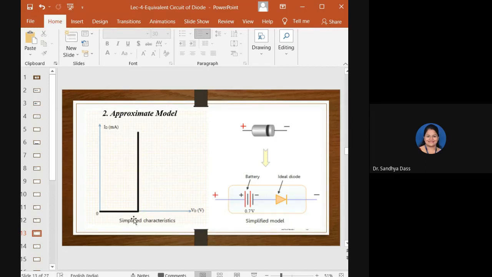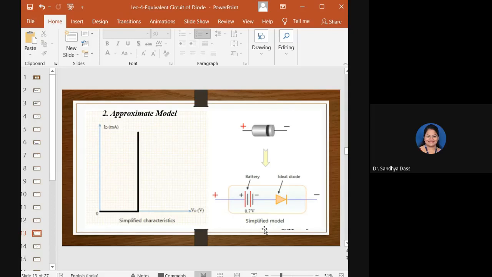So to this model behavior, we put a battery of 0.7 in the equivalent model, which means what? This doesn't mean that the diode is acting as a source voltage. No. When you measure the voltage across an isolated diode, the instrument will show 0, right?